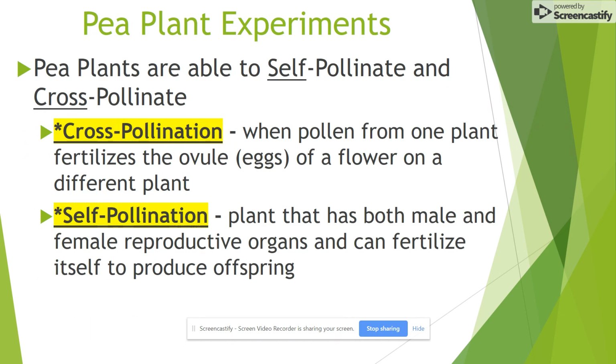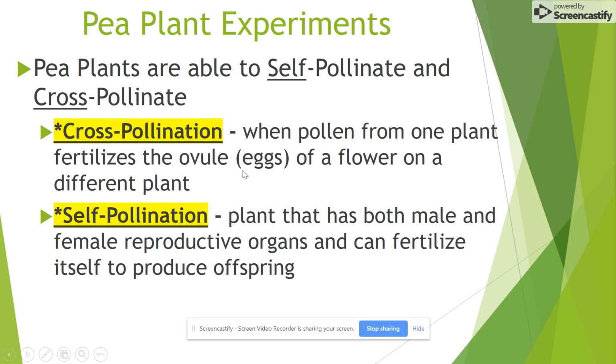Okay, so pea plants are able to do two types of pollination. They can self-pollinate and cross-pollinate. We need to figure out what those words mean. You see that these two words are highlighted, so go ahead and add these to your glossary. Okay, so I first want to talk about cross-pollination.